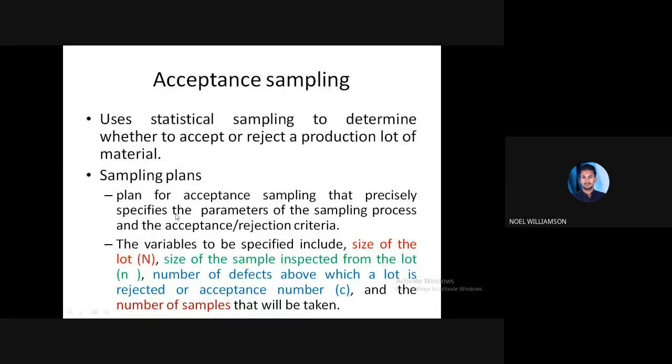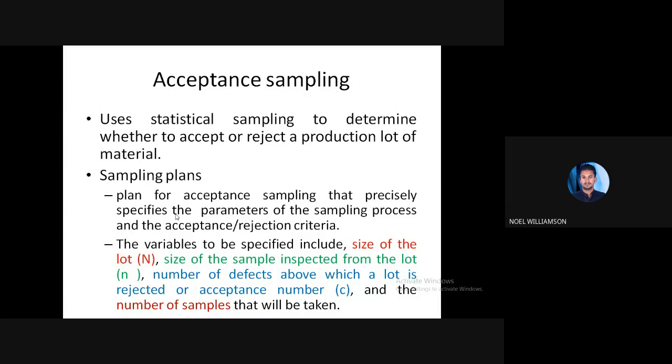The sampling plan is a plan of how to sample, or how we are taking the sample in order to accept or reject based on an already set standard criteria.